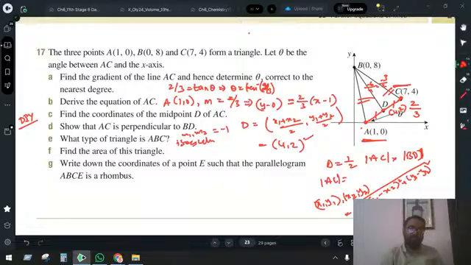So he's asking, rhombus means all sides must be the same. You have to predict one point here so that it looks like this. It is technical, but you have to think about it a lot.